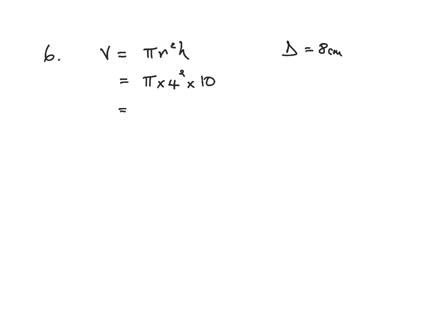So the answer is 502.65, and I'll put in a 5, and that's centimetres cubed. We want to give the answer correct to three significant figures. So these are the three numbers we want. We don't want anything after that.